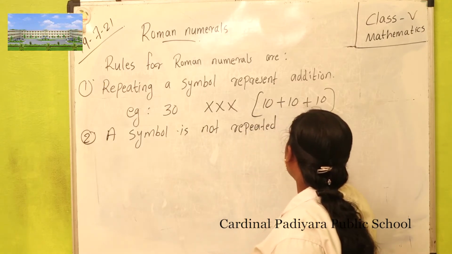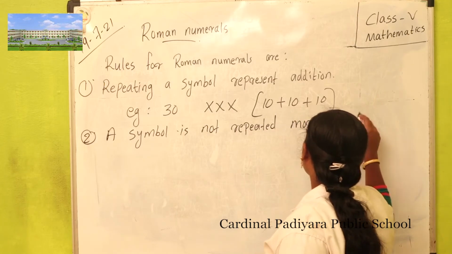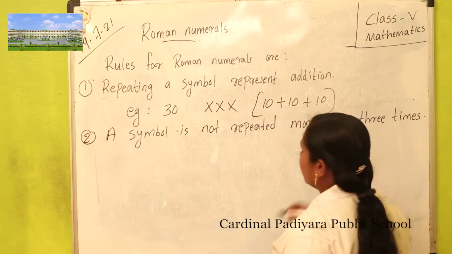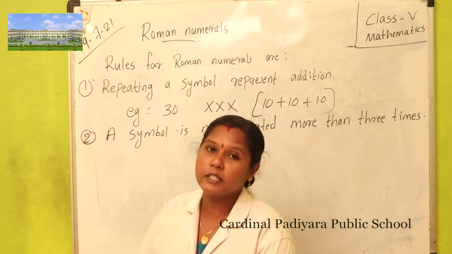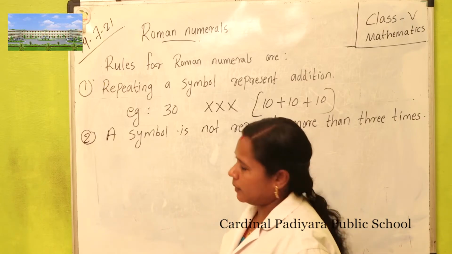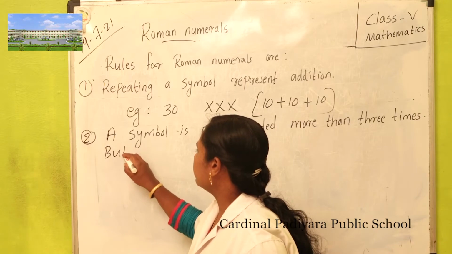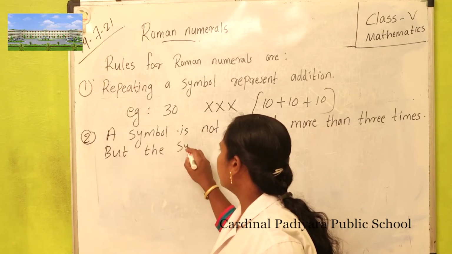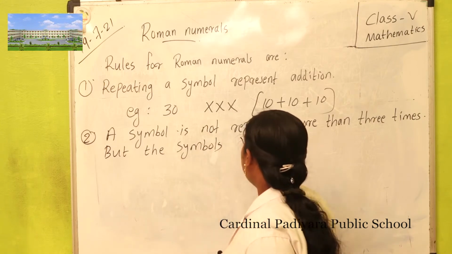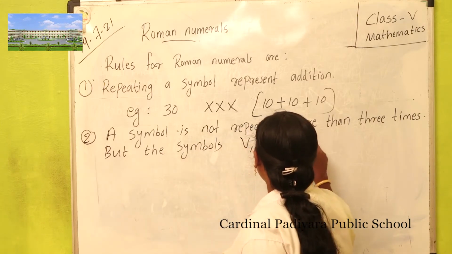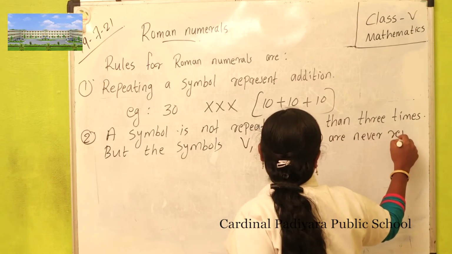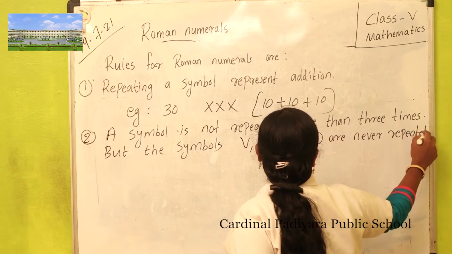But the symbols V, L and D are never repeated. That is the second rule.